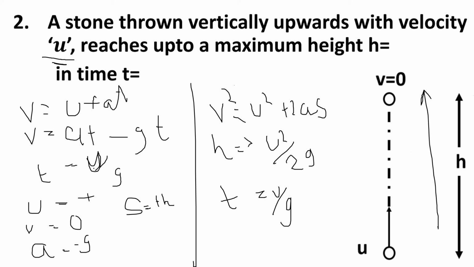Here we have only got the time, so it is u by g, not v by g. Here also I wrote v, it is u by g. So we have got two derivations, one is this part and the other is this.